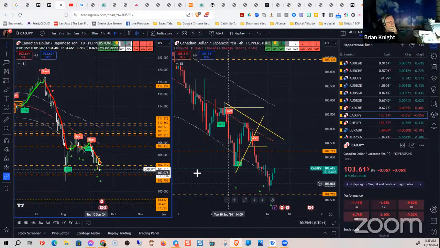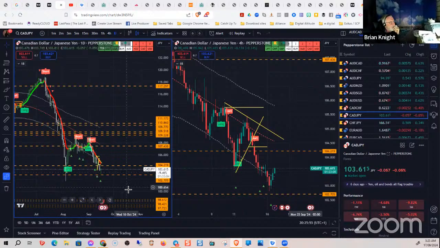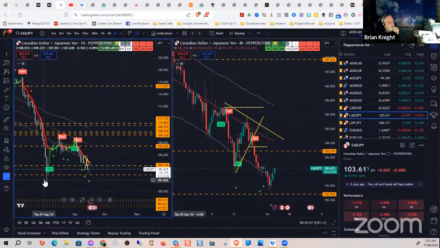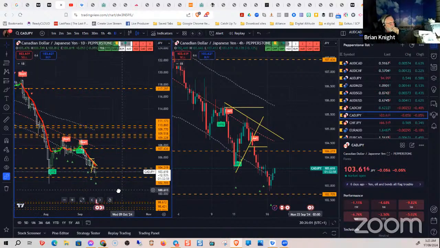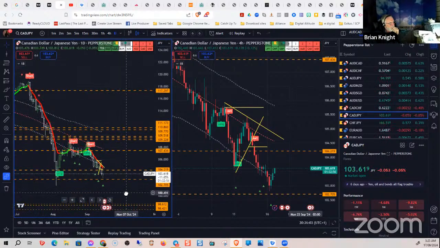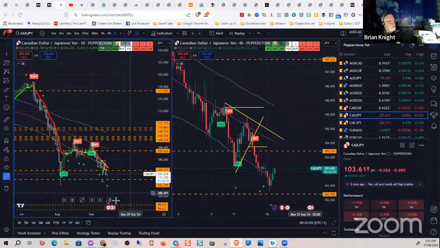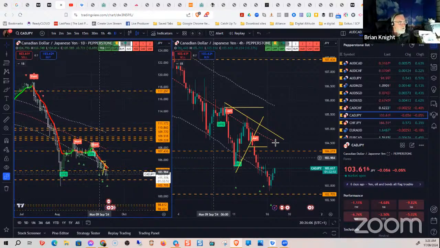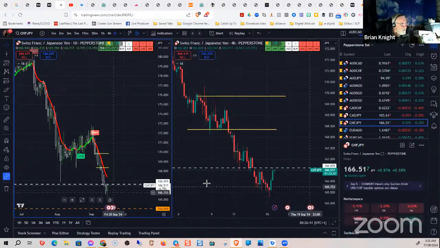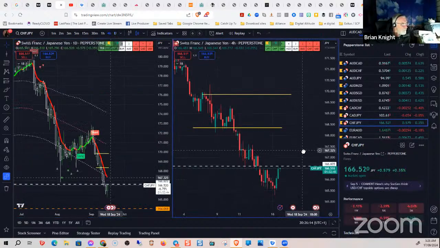Okay. Just looks like it wants to edge down and take that out, doesn't it? Well, that's sort of what it's doing on the other JPY. See, if you go CHF JPY, it's already taken that out and pushing back up.